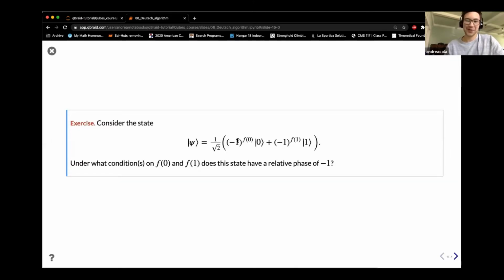I'm concerned just about the relative phase in the state. We'll do something to the state later. So if the function is constant, the relative phase will be +1. I mean, the two amplitudes will be the same. If the function is balanced, there will be a -1 relative phase.